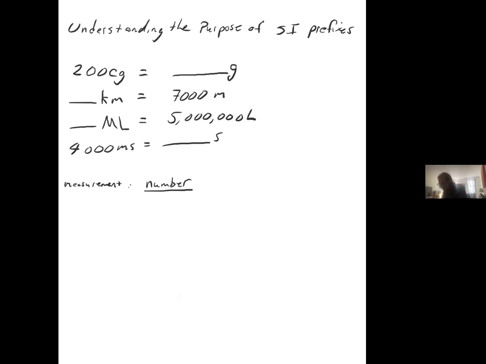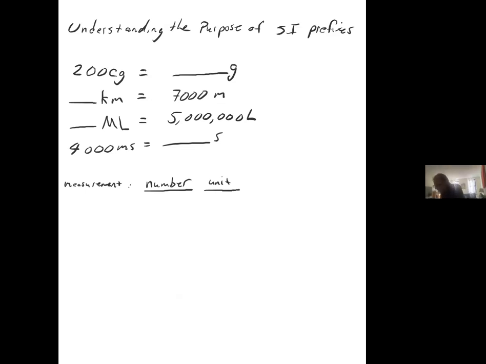And then it has a unit, okay? A unit is what is it you're trying to measure? Are you trying to measure length? Time? Mass? Volume? What is it that you're trying to measure?